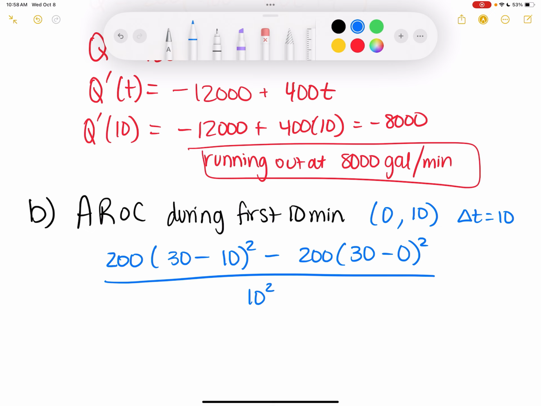So then that's just 20 squared, which is 400. So I've got 200 times 400 minus 200 times 900 over 100.